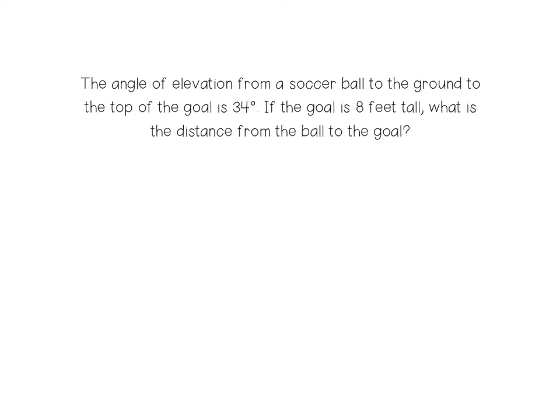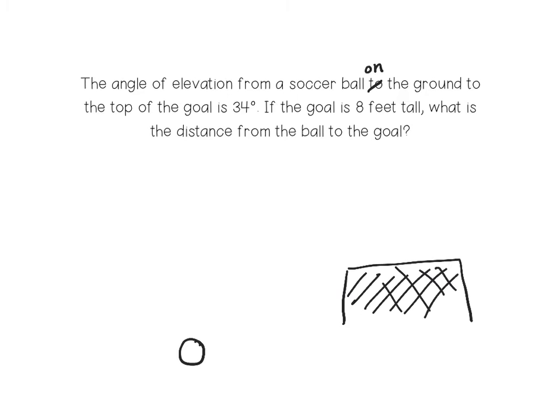I want you to try this angle of elevation problem on your own before we go over it. So the angle of elevation from a soccer ball on the ground to the top of the goal is 34 degrees.